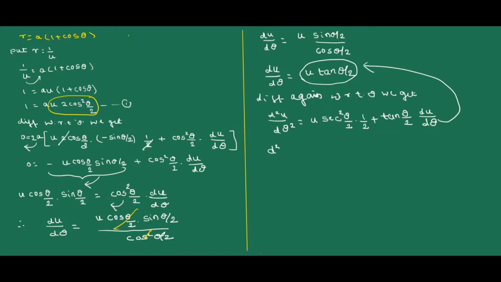So d square u divided by d theta square is equal to u into sec square theta by 2 into 1 by 2 plus tan theta by 2 into u into tan theta by 2. So tan theta by 2 into tan theta by 2 is tan square theta by 2.